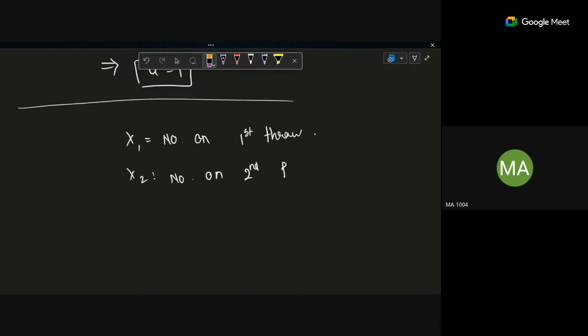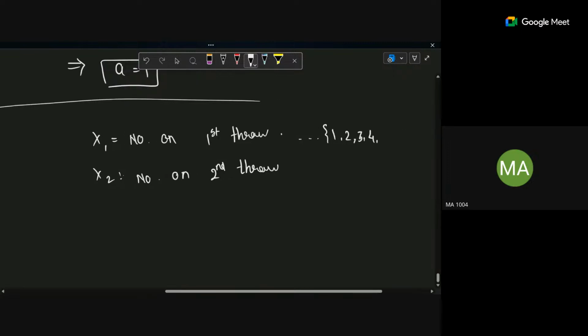So what are the possible values your X1 and X2 can take? X1 will take any value from 1 to 6, right? And what is the probability of getting any number? 1 by 6 for both of them, right?